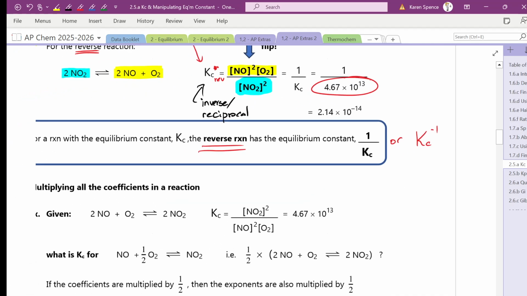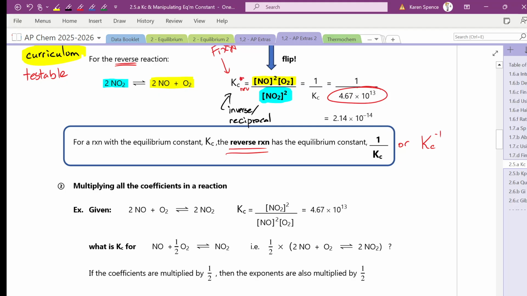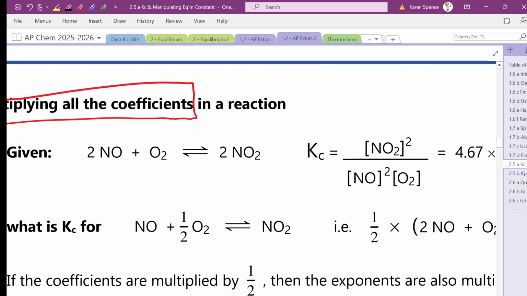Okay, now what if we multiply the whole reaction, which means we're multiplying all the coefficients? If we take this reaction here, what do we have to do to get this next reaction? We took the whole thing and we halved it. So this is where it becomes important to say I'm multiplying by 1/2 rather than dividing by 2, because we're going to raise everything to the power of 1/2.